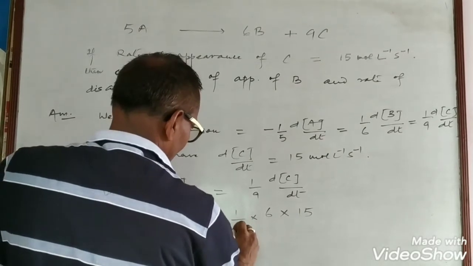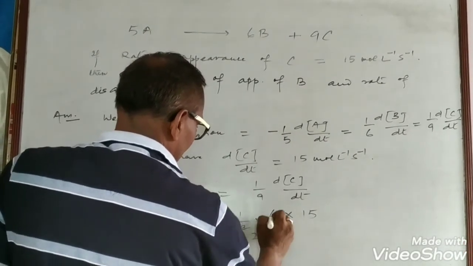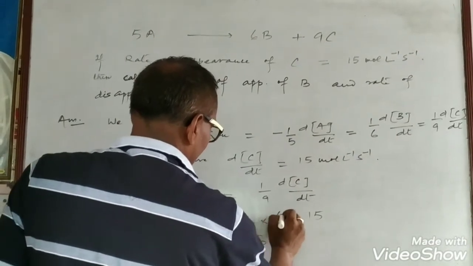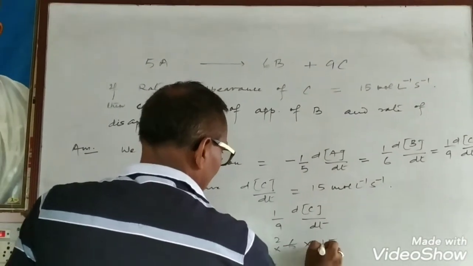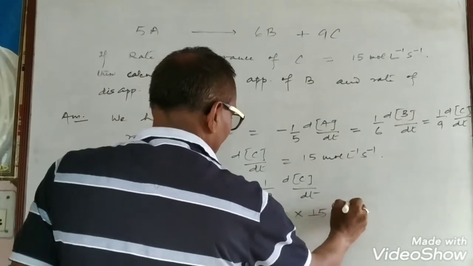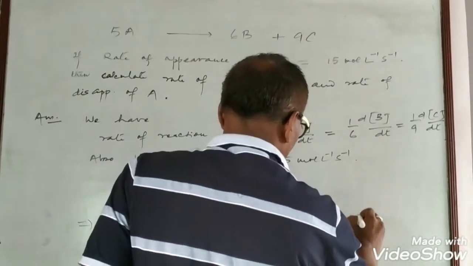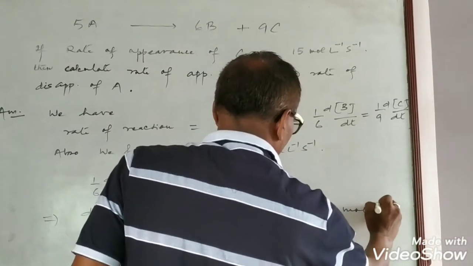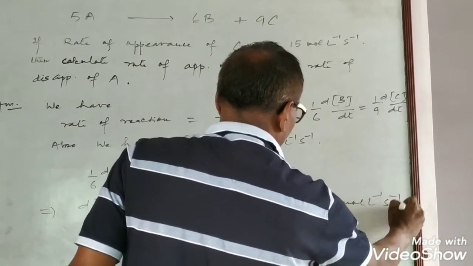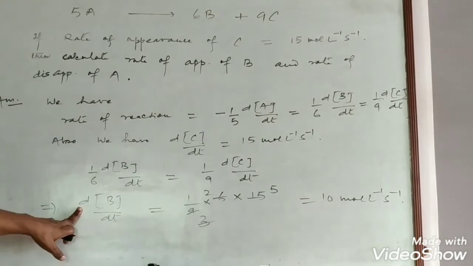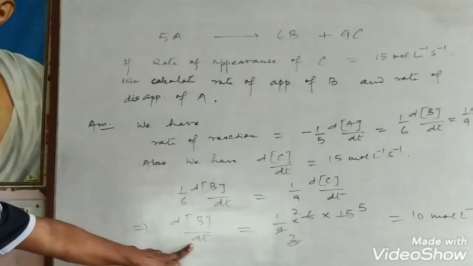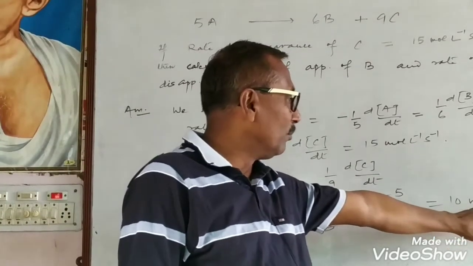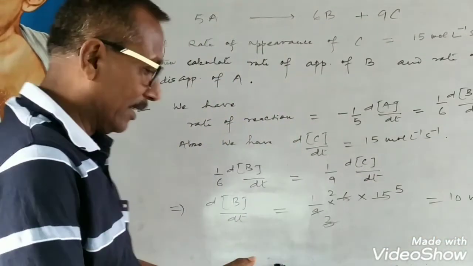So here 3 3s are 9 and 3 2s are 6, 3 5s are 15. This is equal to 10 mole per liter per second. So this is the rate of appearance of B as 10 mole per liter per second.